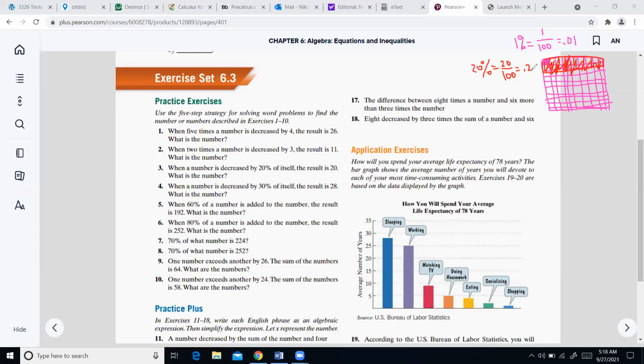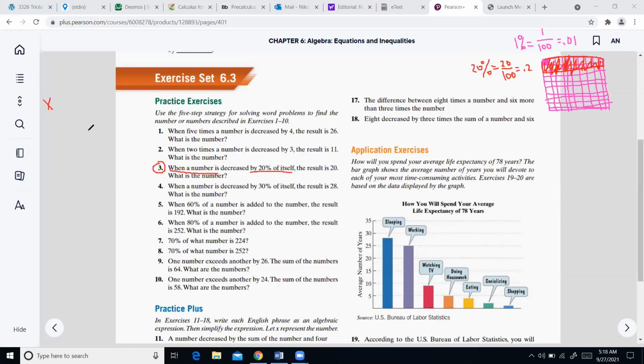So let's say I try to get exercise 3 done here in section 6.3, that says when a number is decreased by 20% of itself. What they're talking about is a number, and I usually use the letter X to describe the number.